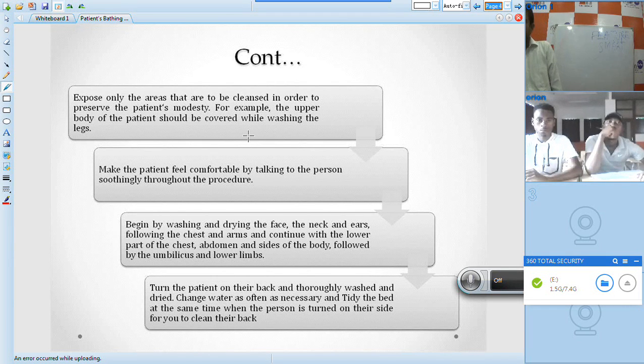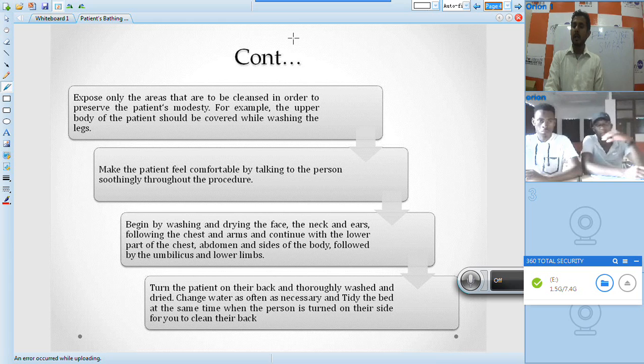These are some other points you have to keep in mind while giving the patient a bath. The area which requires a bath, you need to expose only that area, not the whole body.